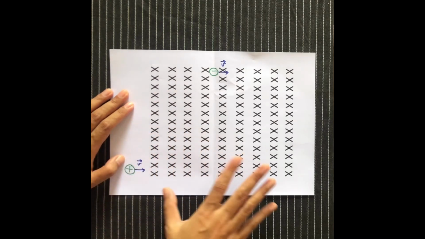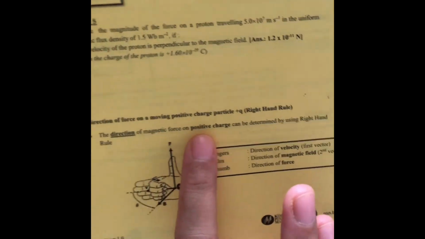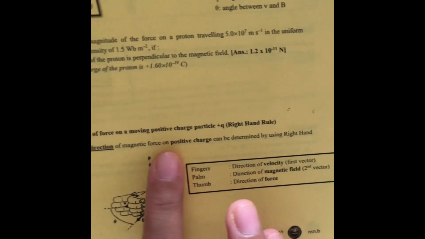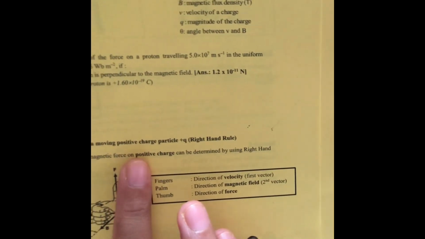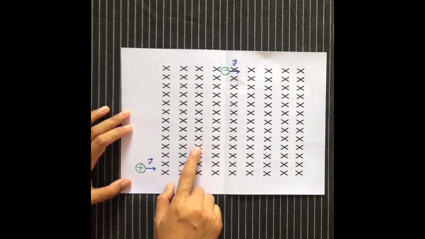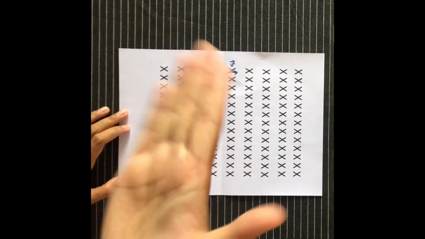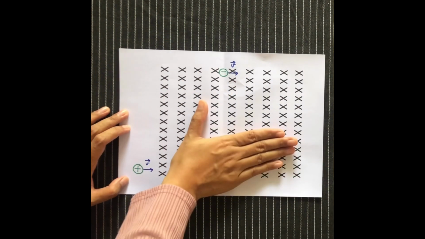Okay. So ini kalau kamu tak dekat nota kamu, right hand palm rule hanya kita gunakan untuk direction of a positive charge sahaja. Okay, untuk positive charge. Kalau negative charge, the other way around. Okay, so kita ada one magnetic field into the page. Okay, so into the page, so kita punya palm akan masuk ke dalam.